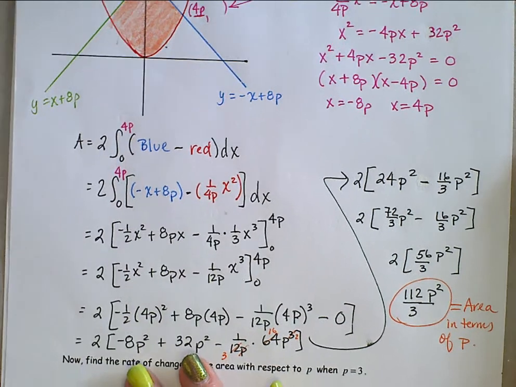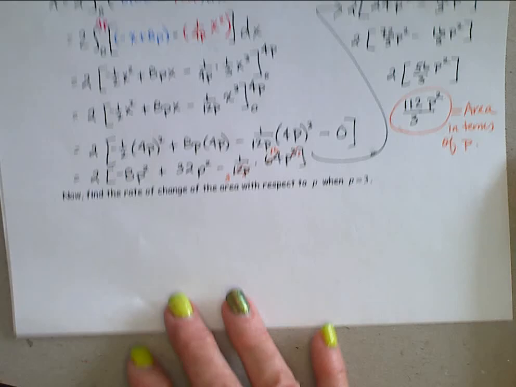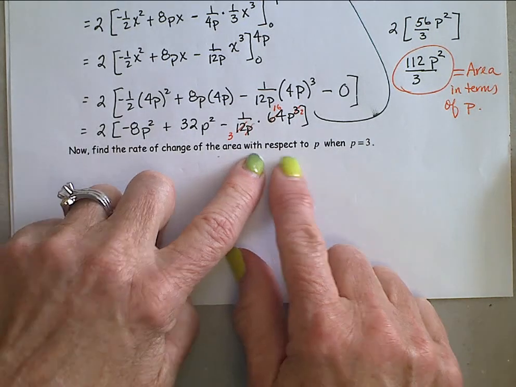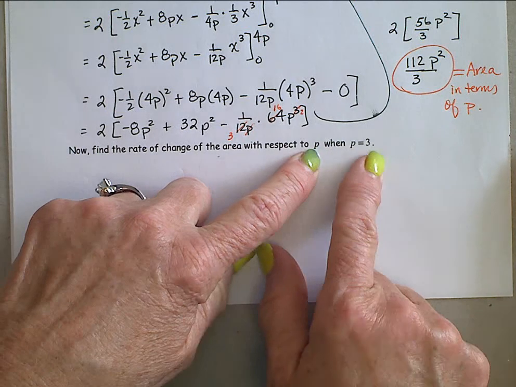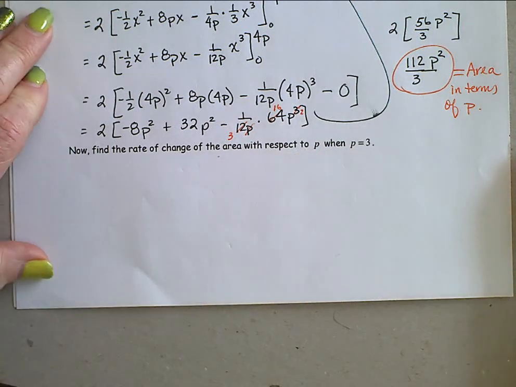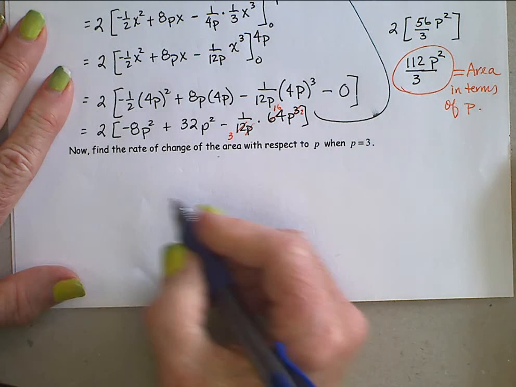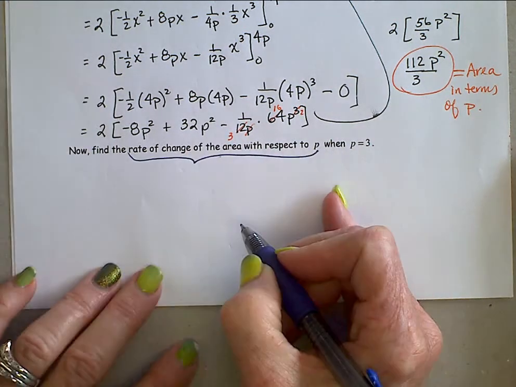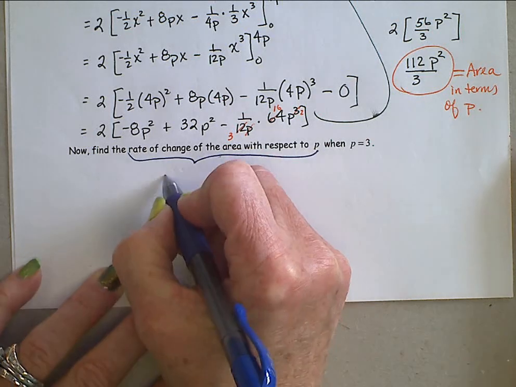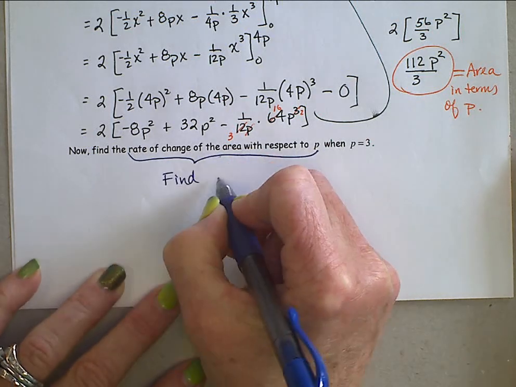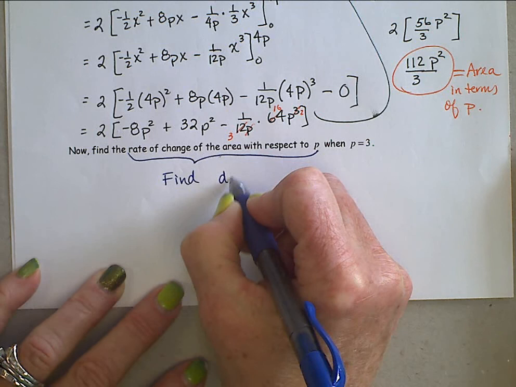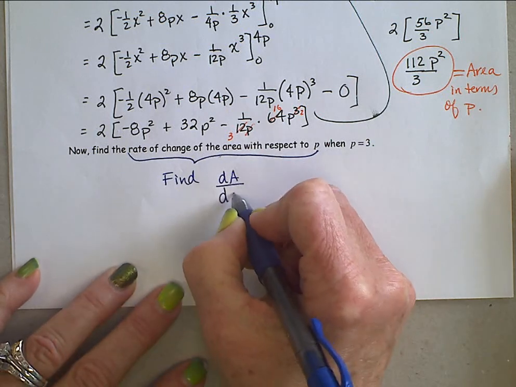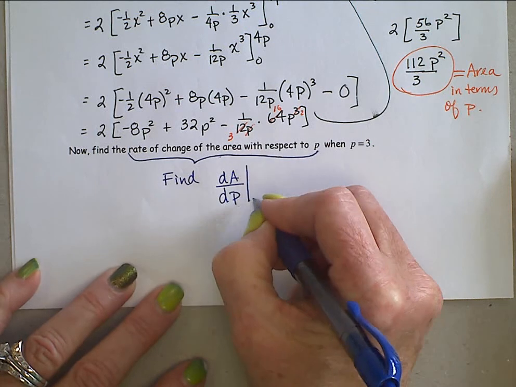Whew. All right, one last question here. It says, now find the rate of change of area with respect to P when P is 3. This rate of change of area with respect to P, that's telling you to find dA, the derivative of area with respect to P, when P is 3.